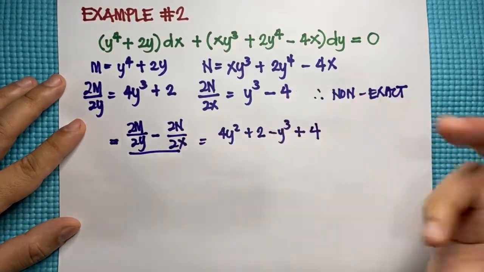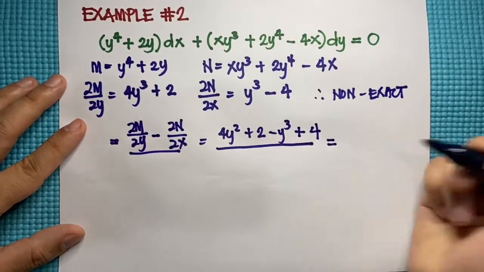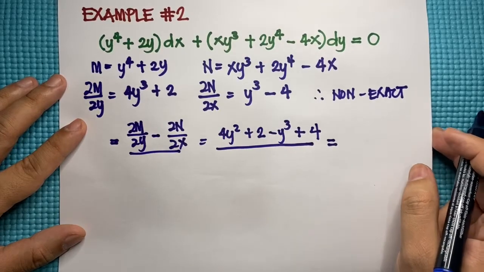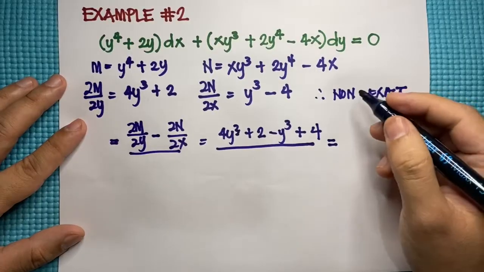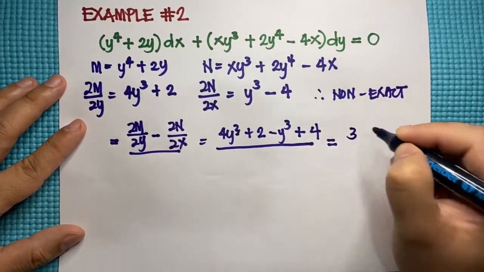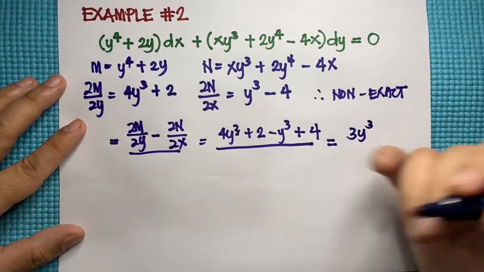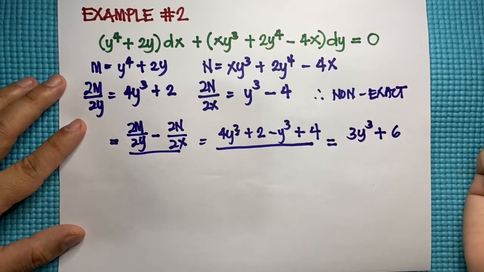So negative, so plus 4. So finally, sorry, this is 4y cubed minus y cubed. So I'll have 3y cubed, and then 2 plus 4, I'll have plus 6.